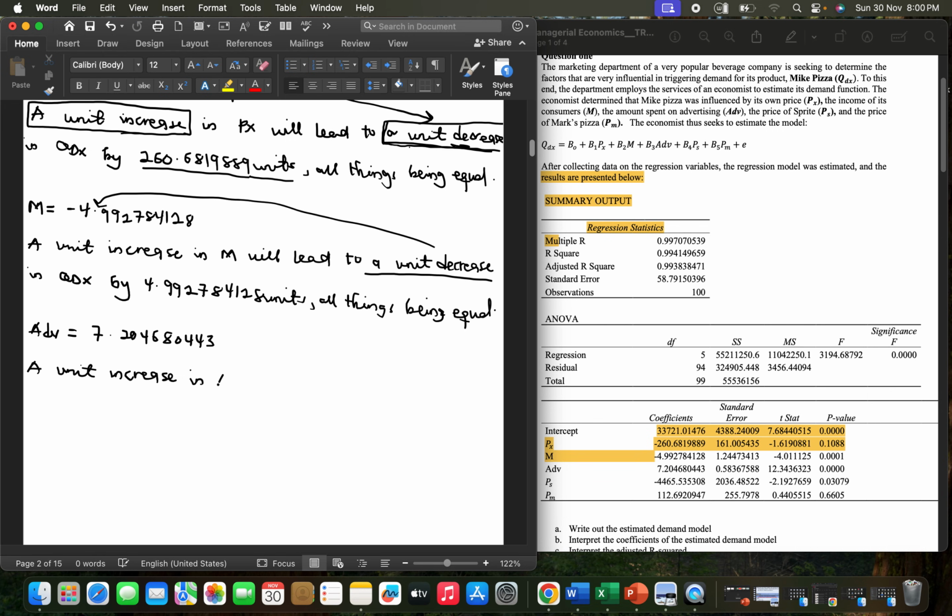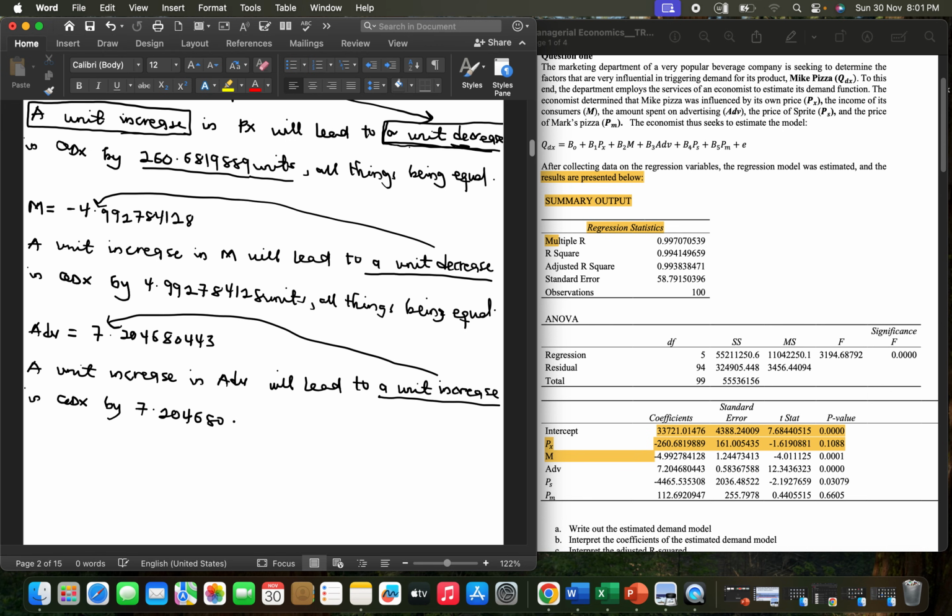So a unit increase in advert will lead to a unit increase. This side is a unit increase because it's positive. A unit increase in QDX by 7.20468043 units, all things being equal.